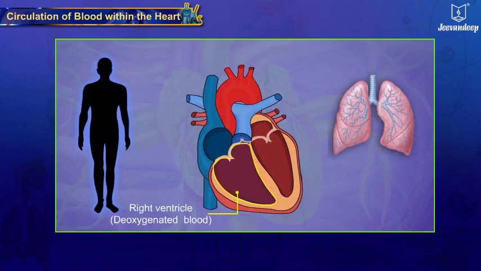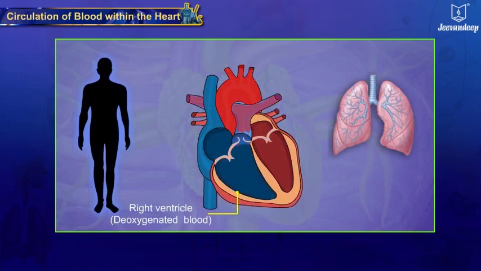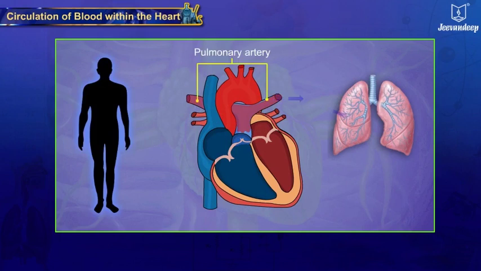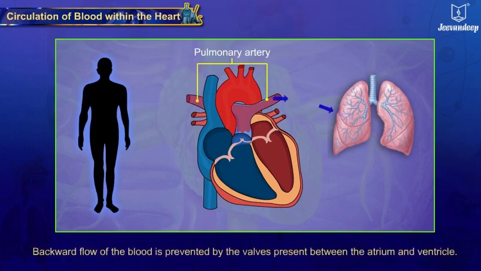Right ventricular muscles contract and pump the deoxygenated blood into lungs through pulmonary artery. Backward flow of the blood is prevented by the valves present between the atrium and ventricle.